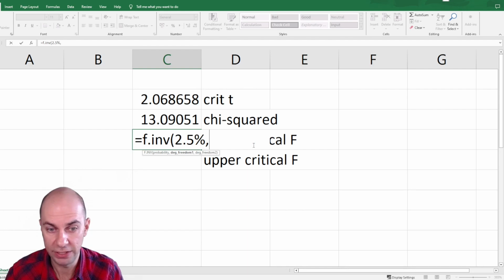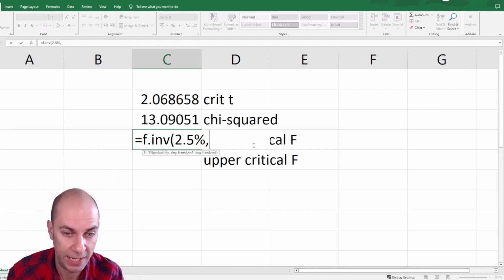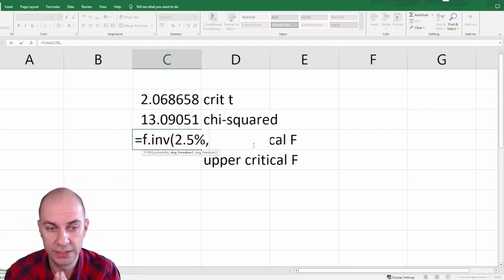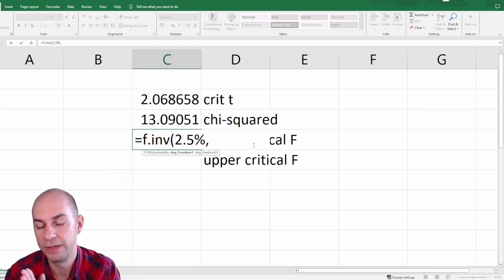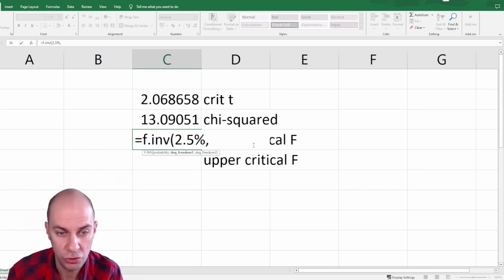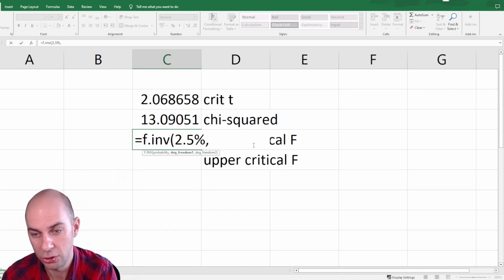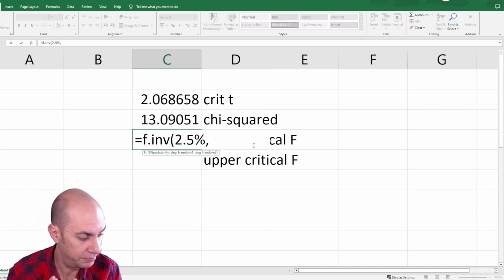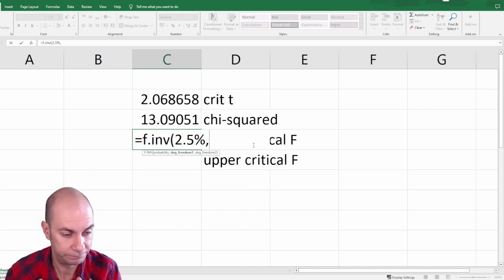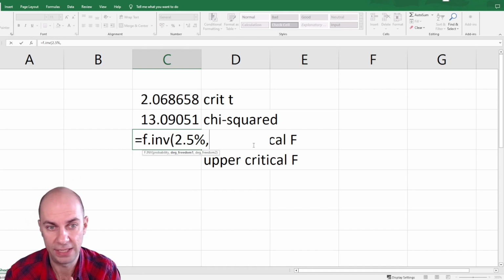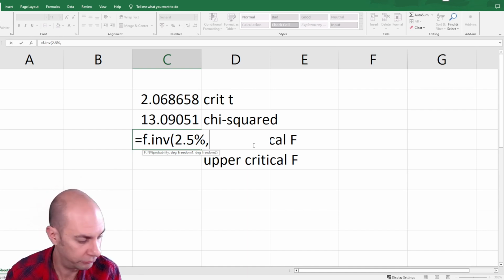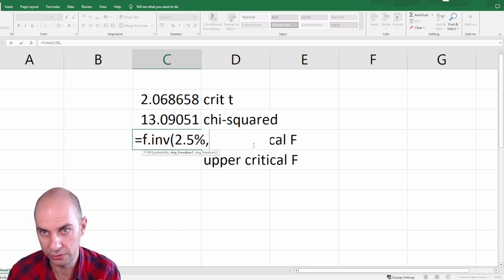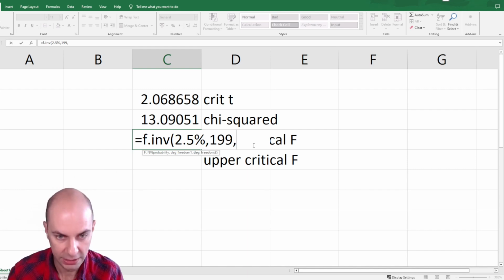The degrees of freedom for the F test come in pairs, so you need to provide both the degrees of freedom for the numerator as well as for the denominator. In our case, the numerator is the variance before the regulatory change, and we have 200 weeks. We lose 1 degree of freedom, so we go down to 199.